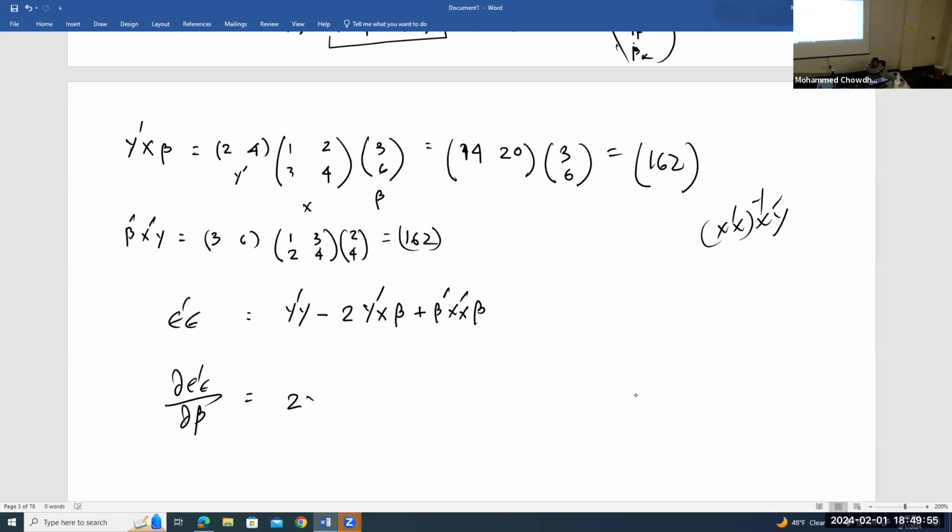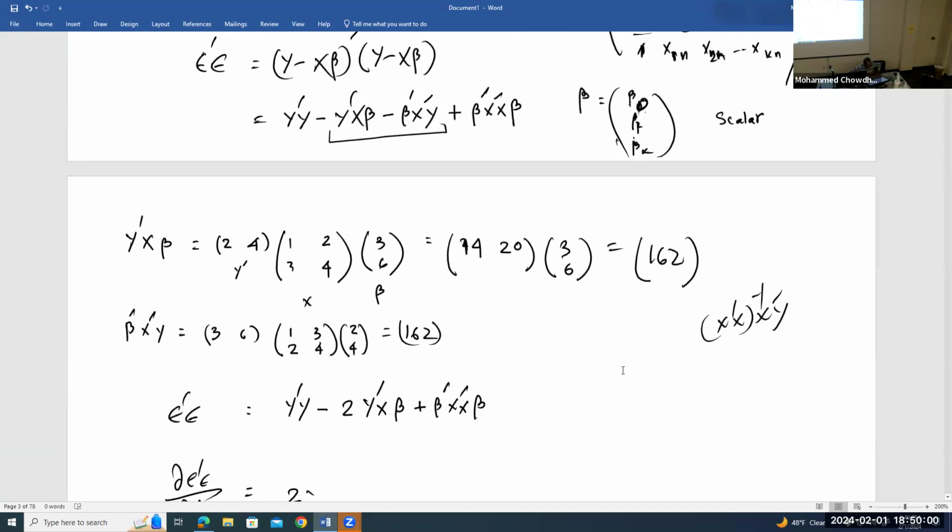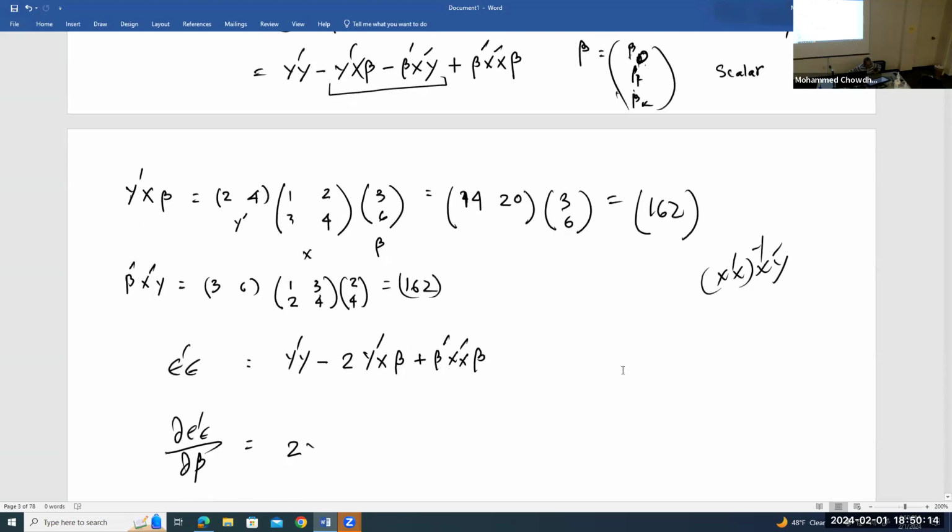Is this the formula? I think that is the formula. Let me see. Beta prime x prime y. So I should better go that way. If I go by that route, then I would have this format. Otherwise, I have to differentiate it in this format. Okay. Either way, it is fine. So either you can differentiate with respect to beta prime or beta. As I did these things, it will change in this format. But anyway, if you write this way, in this case, it will also work.